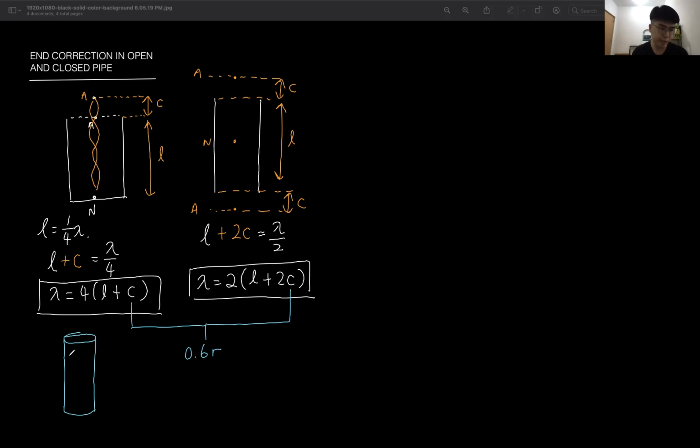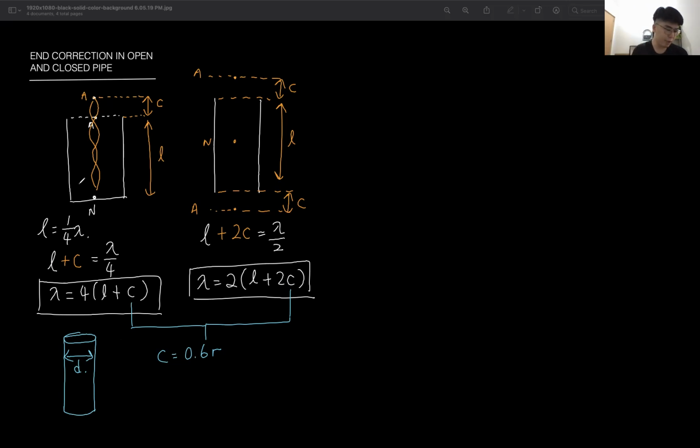Usually they will give you the diameter, you get the radius, times 0.6, you get the C. C equals 0.6R. Now, if the end correction is given, you can use this to calculate the wavelength of the standing waves.